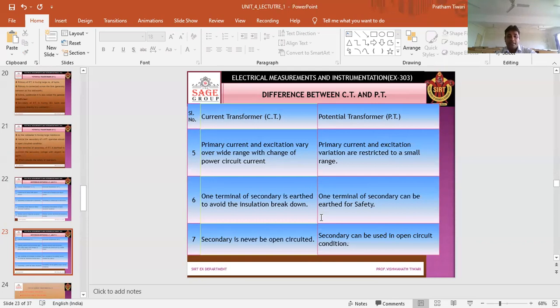In case of CT, one terminal of the secondary is earthed to avoid insulation breakdown. In case of PT, one terminal of the secondary can be earthed for safety. In case of CT, the secondary must never be open circuited. In the potential transformer PT, the secondary can be used in open circuit condition.